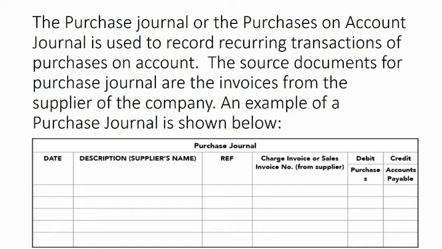We also have the purchase journal, or the purchase on account journal, that is used to record the recurring transactions of purchases on account, wherein we have the date, the description or the supplier's name, the reference number, the charge invoice or sales invoice number from the supplier, with a debit to purchases and credit to accounts payable.